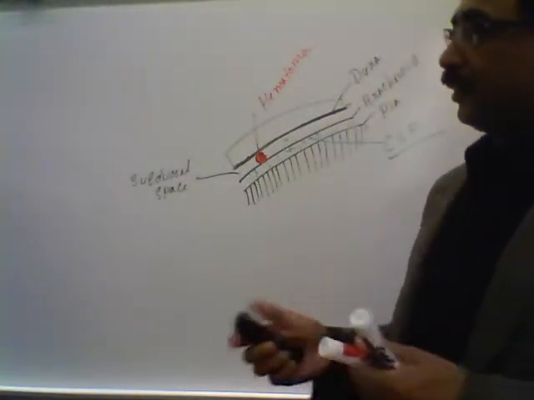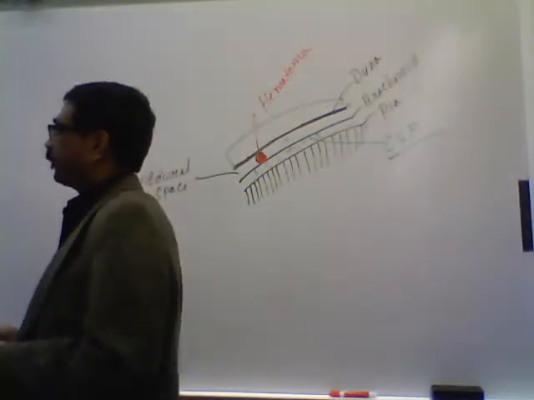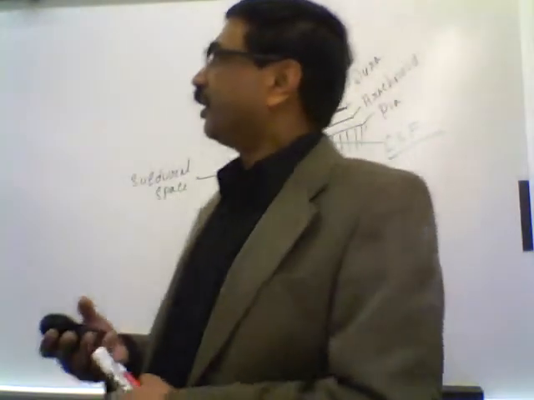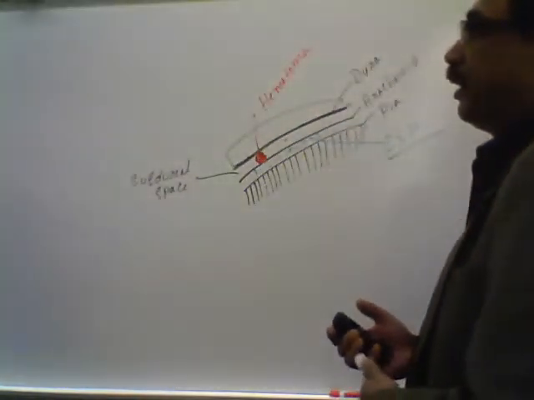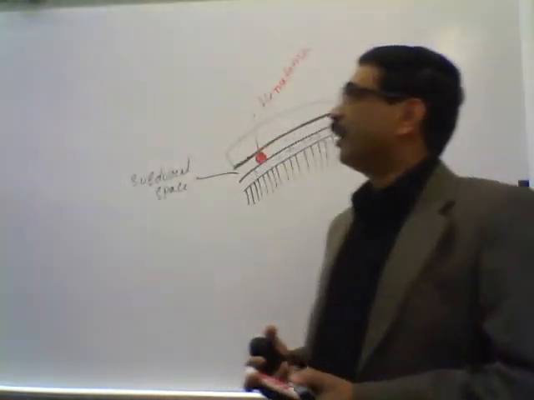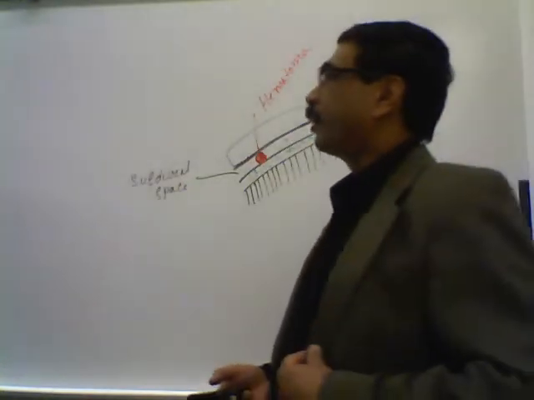So, dura mater, arachnoid mater, and pia mater. Dura mater is the outermost and strongest, toughest, thickest one. Protection is the function.